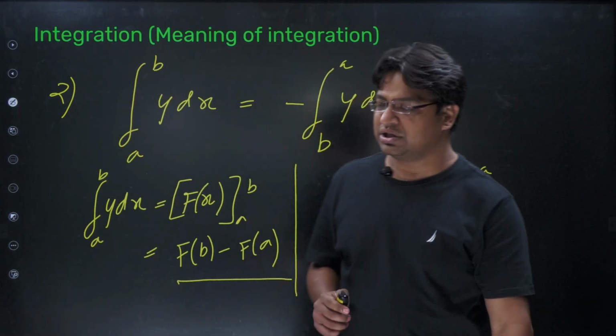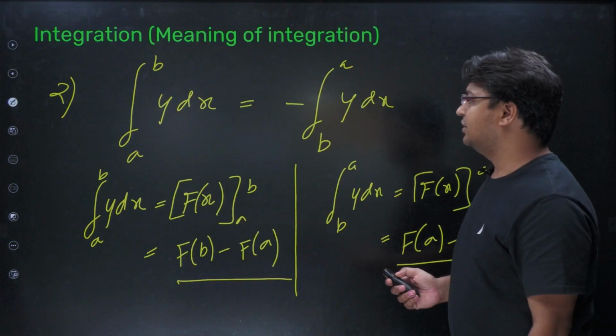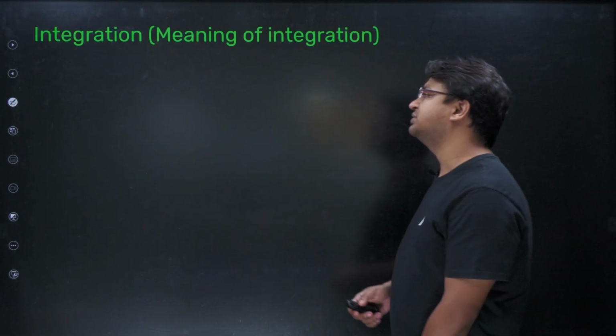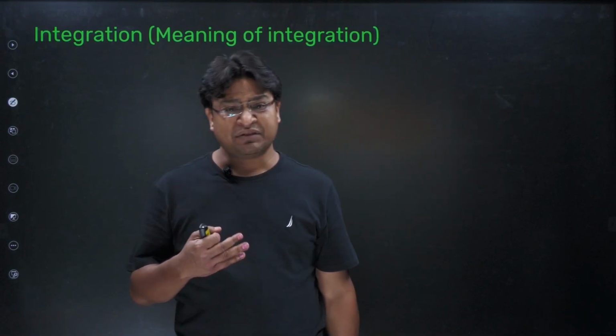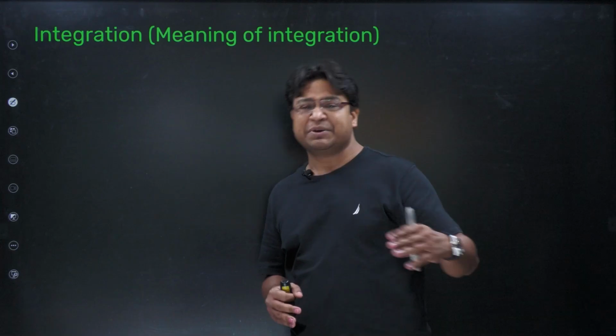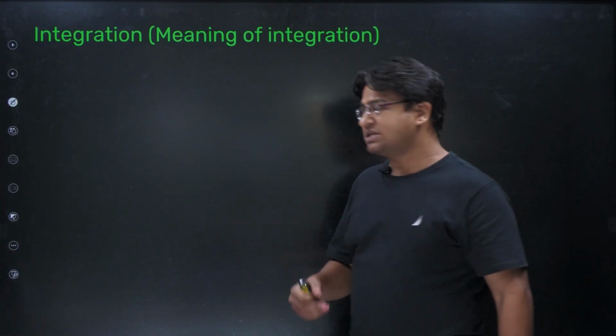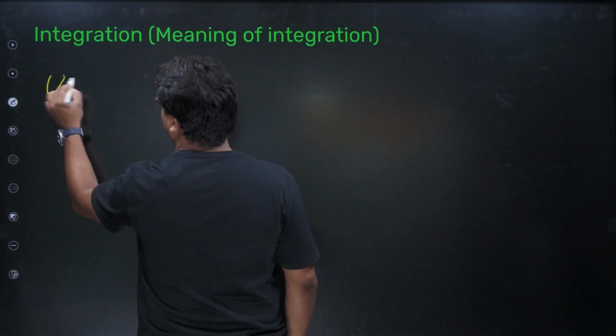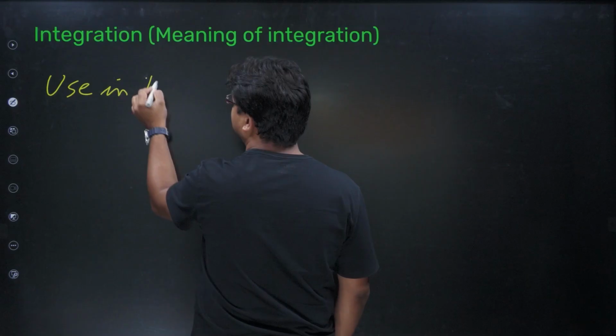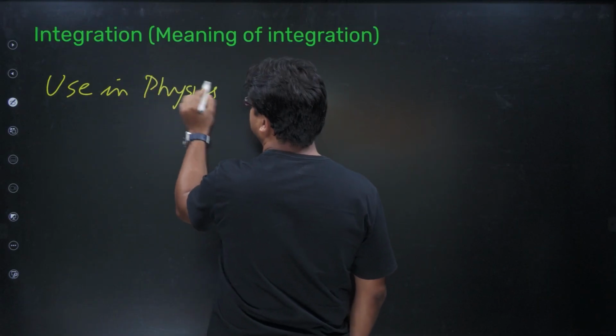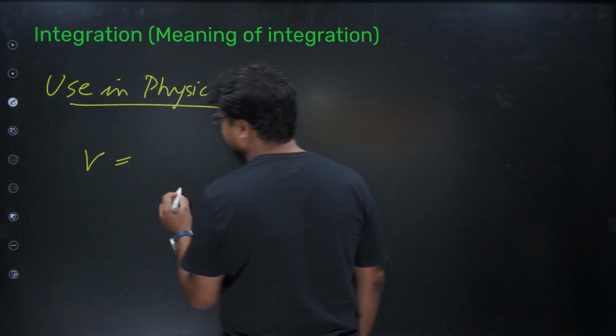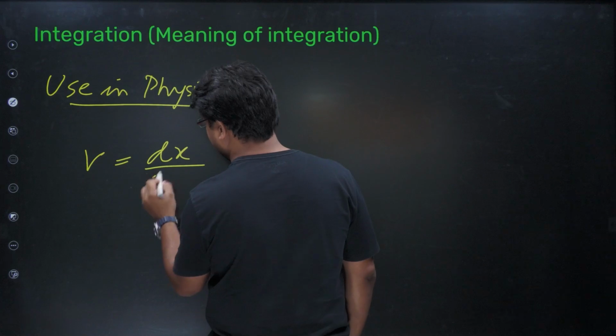So guys, these are the things that would be good enough for you for now. And the next thing is where do we use this in physics? There are many places where we are going to use this. As a beginning, we can start with noticing this. Velocity is dx by dt. We learned about this.